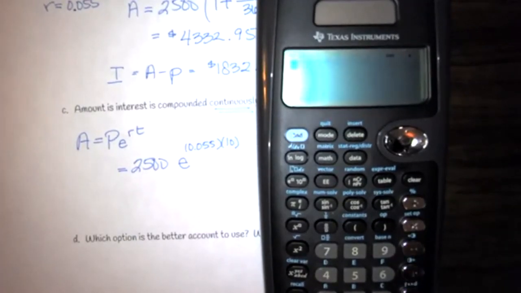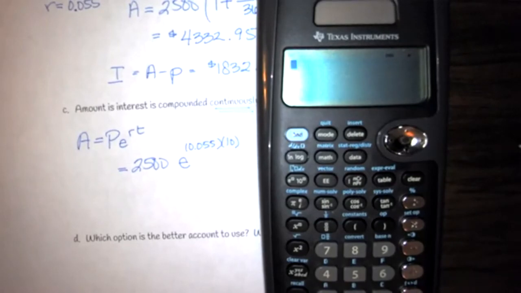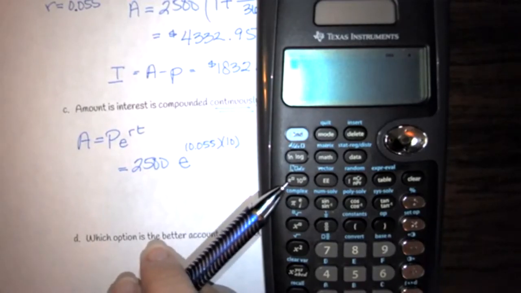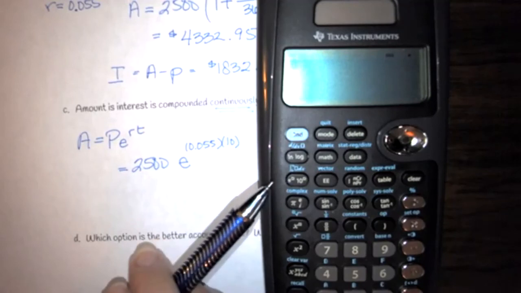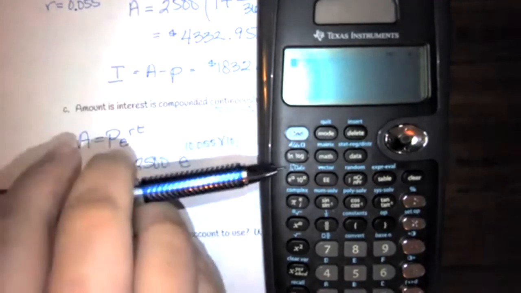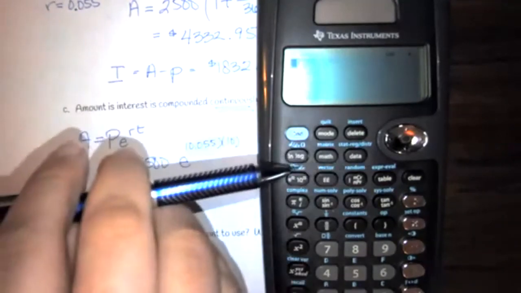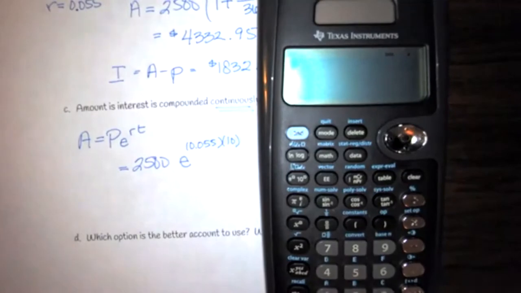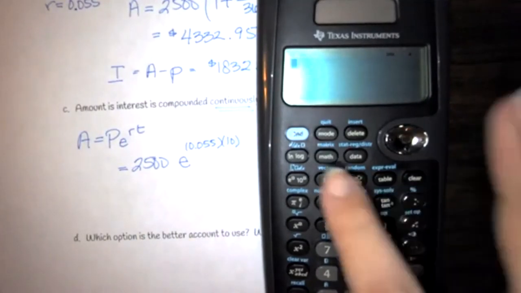So the first thing that we need to do is find your E button. Now for mine it might be a little hard to see. It's actually right here, and it says E to the box. So yours might say E to the X. A lot of them are up here in tiny letters right above your buttons. So you're looking for E to the something, and that is the button that you are going to use.